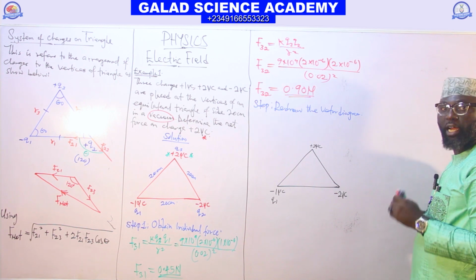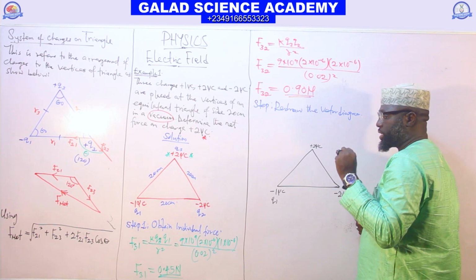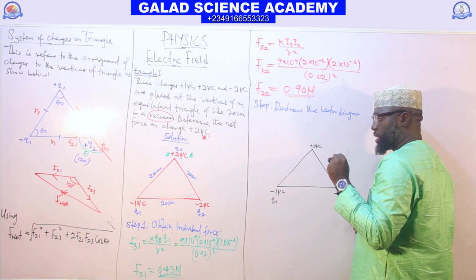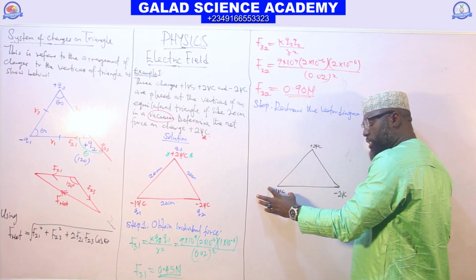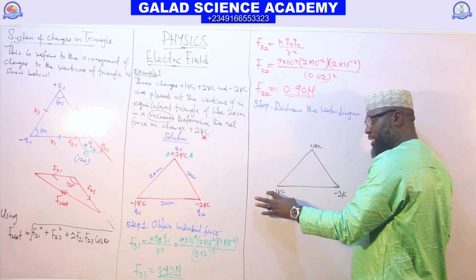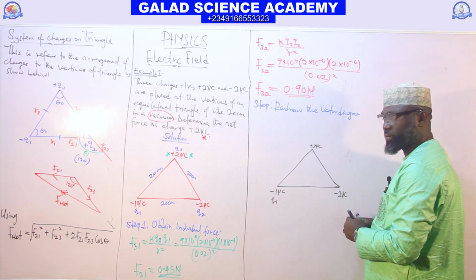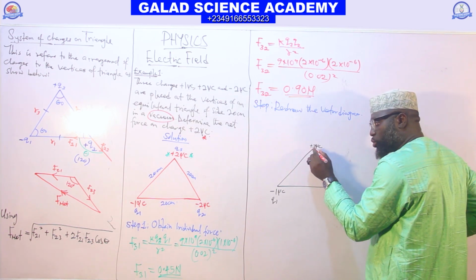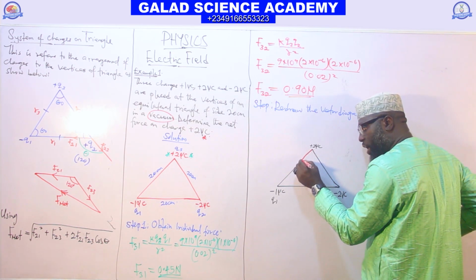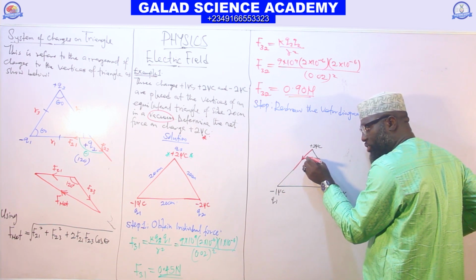Yes, to know the vector diagram now, the problem we have is this. What is the force that exists here? Is it repulsion or attraction? You can see that this positive charge will move down here because it's a force of attraction.